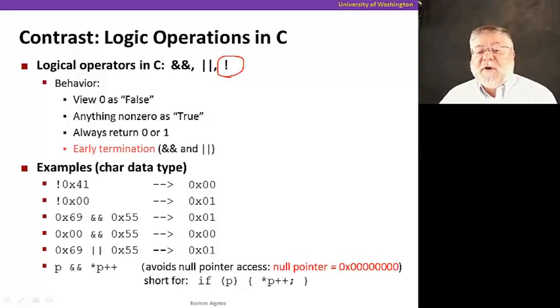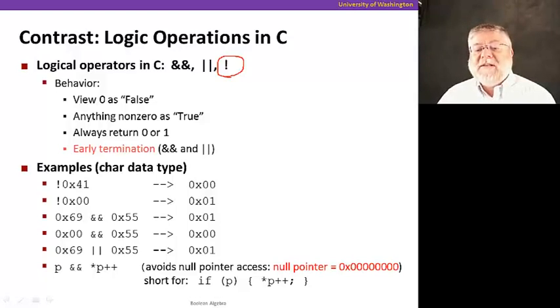So we can first say, well, is P true, meaning not 0? So by putting it into a logical AND statement, we can do that test. Here, if P is all zeros, a null pointer, we know that the AND is going to be false in the end, so we can just not continue evaluating this expression, and it would stop right there.